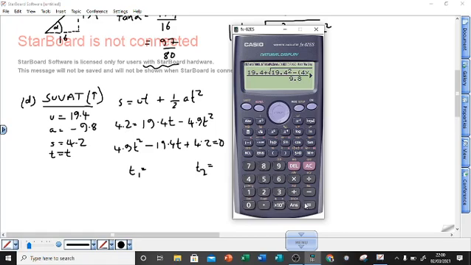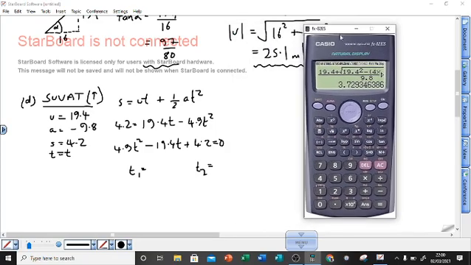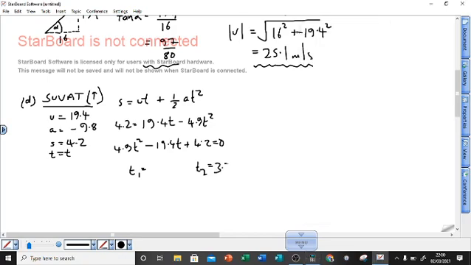Okay, and equals, I got 3.73, and I'm going to store that. Shift, store, answer, storing as A. So 3.73 seconds is that bit there.